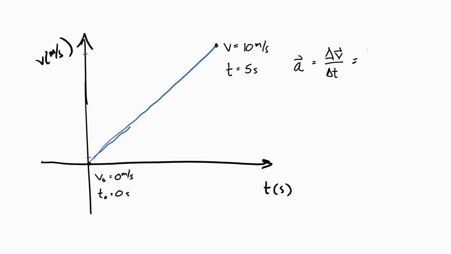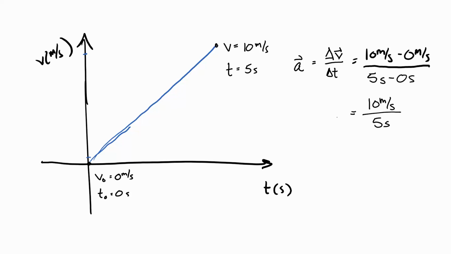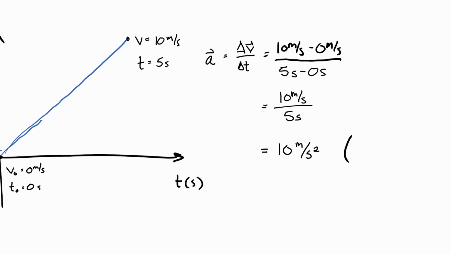And so just in the same kind of manner, this will be my change in velocity, my final velocity minus my initial velocity, divided by my final time minus my initial time, or 10 meters per second divided by 5 seconds, which feels a little clunky, but a meter per second divided by a second means I get another second on the bottom there. So this is 2 meters per second squared, because it is 10 meters per second, and I got 5 seconds there on the bottom.